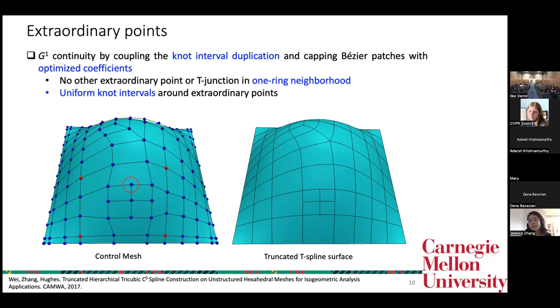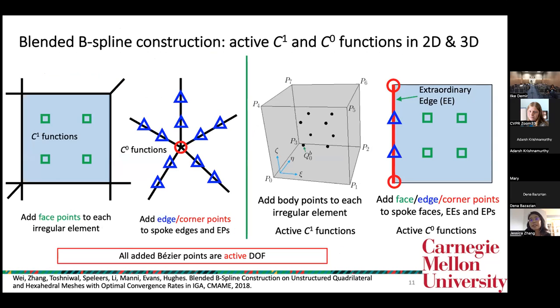For this idea, there is one drawback: even though it can give you a convergent result, the speed of convergence cannot reach the optimal convergence rate. So in the next step, we started a blended B-spline construction study, where we added some basis functions in the surrounding local area around the extraordinary node.